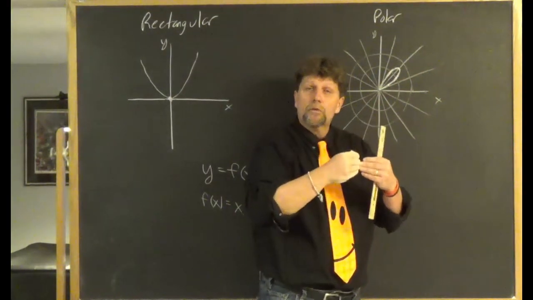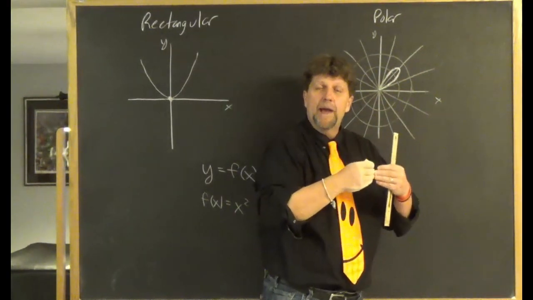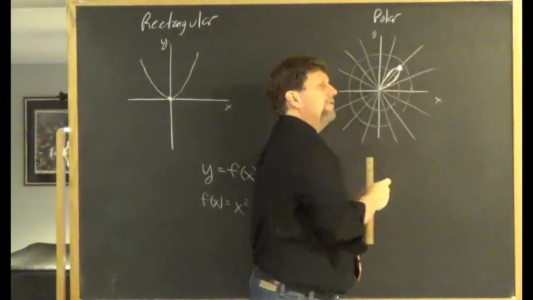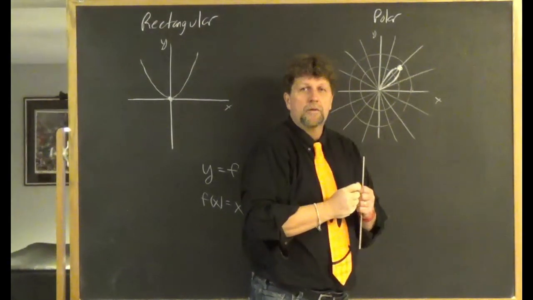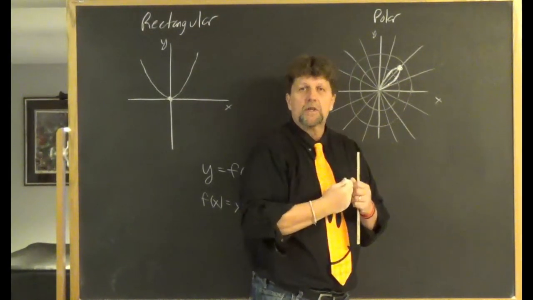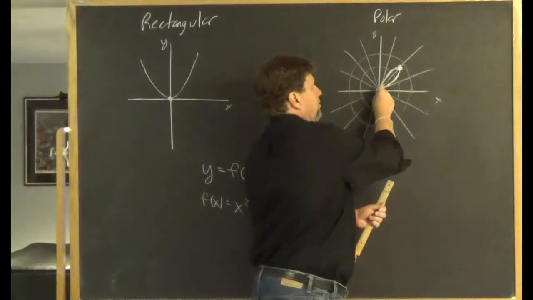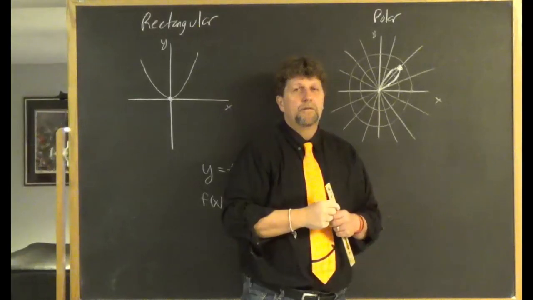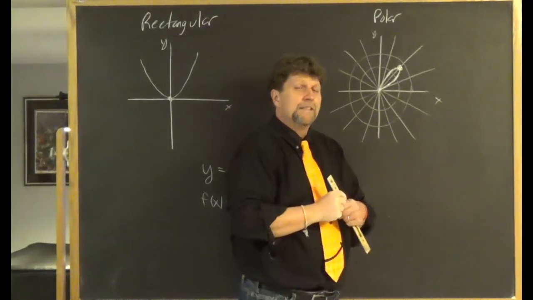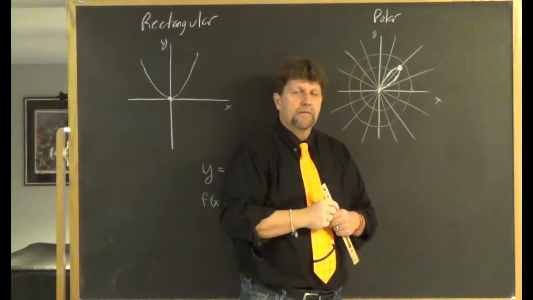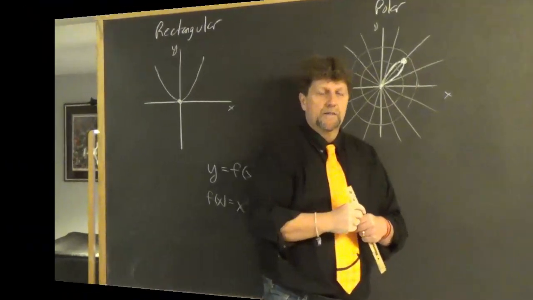So in the polar world, a relative max would be a point that is farthest away from the pole, and a relative min would be the point that is closest to the pole. And if you hit the pole, you can't get any closer to the pole than hitting the pole. So please think of it this way. Let's head back to the slides and see what's next.